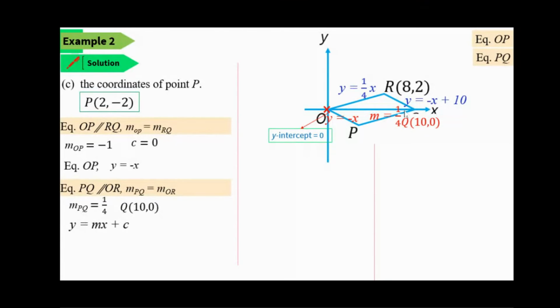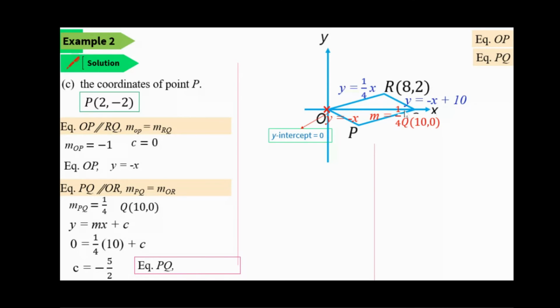Substitute y equal to 0, x equal to 10, and m equal to 1 over 4 into y equal mx plus c. Then after simplifying, we can get c equal negative 5 over 2. Therefore, the equation of PQ is y equal 1 over 4x minus 5 over 2.